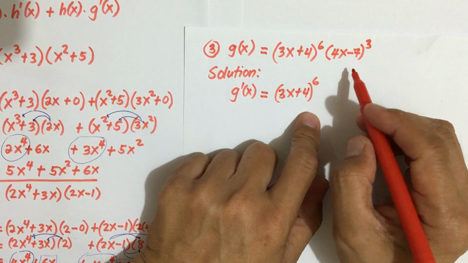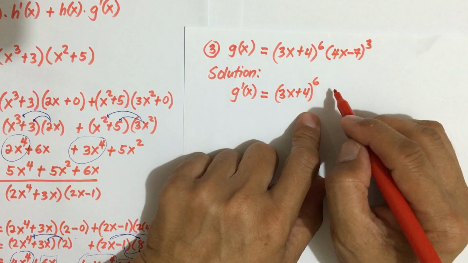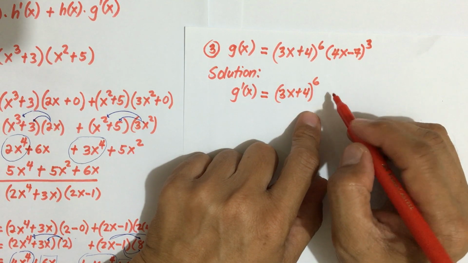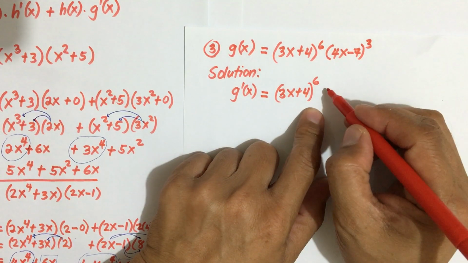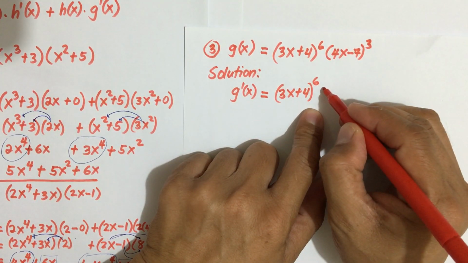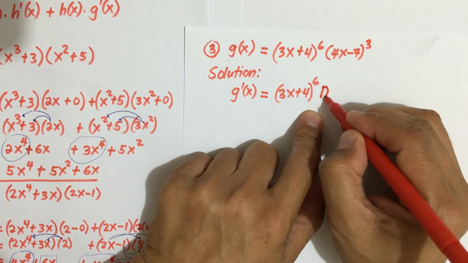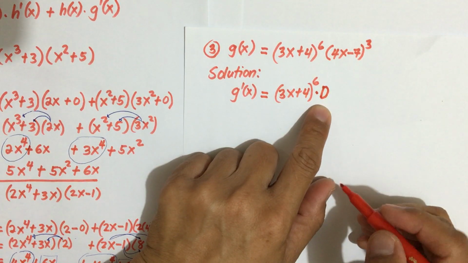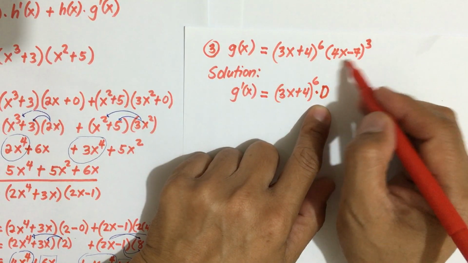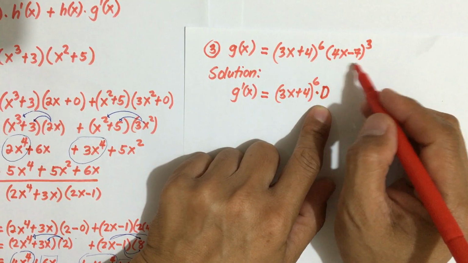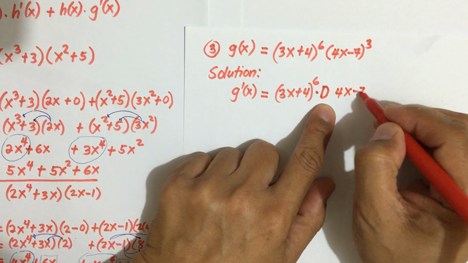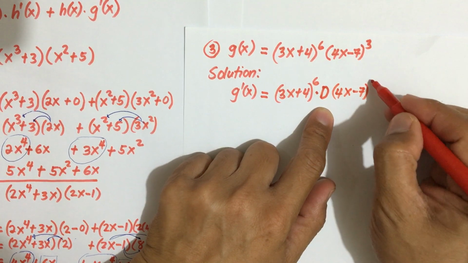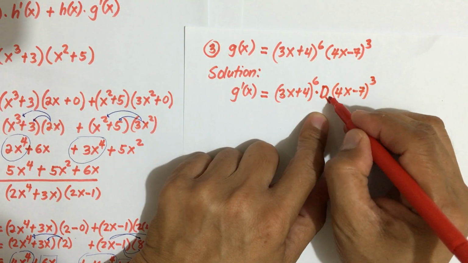This time we are going to use the other notation of the derivative, the one that I've shown you last time. So multiplied by the derivative of this second factor, which is 4x minus 7 raised to a power 3 with respect to x.